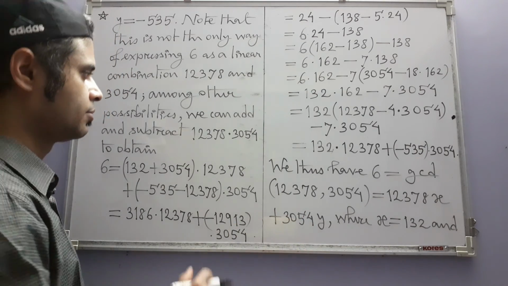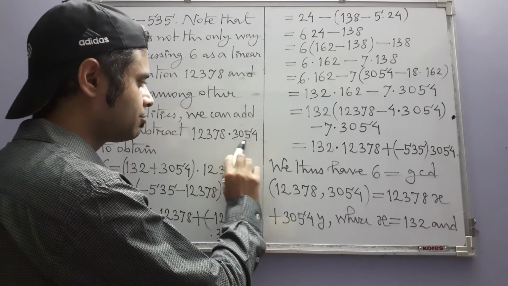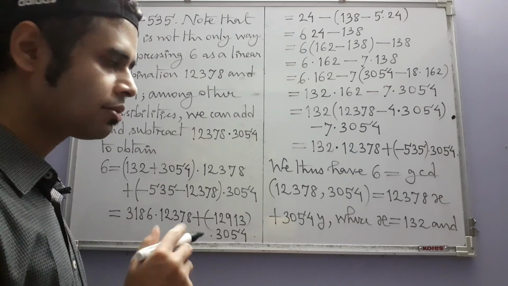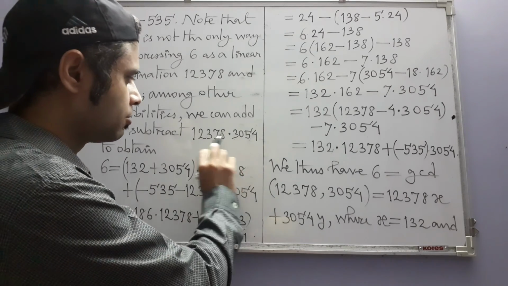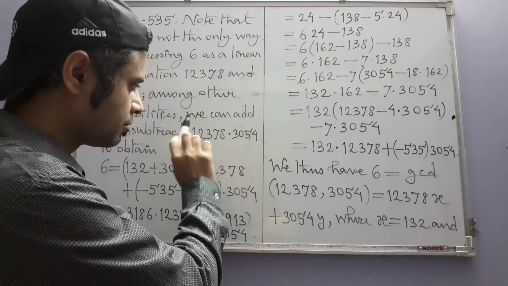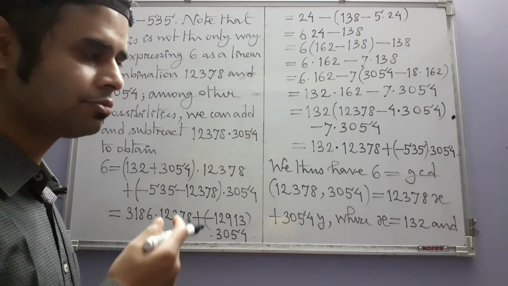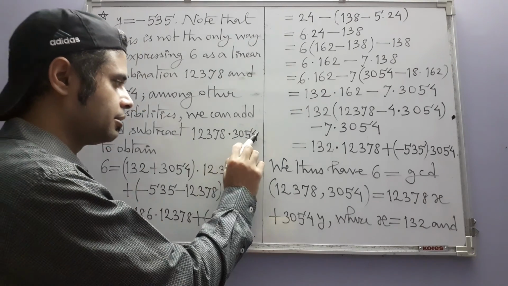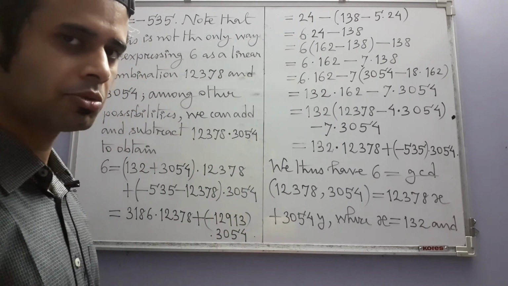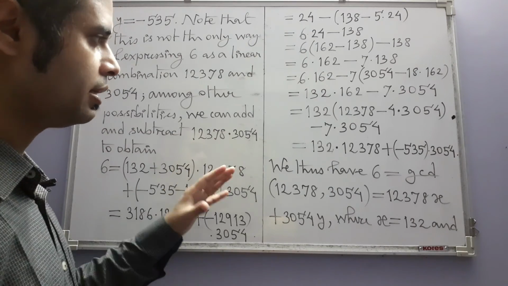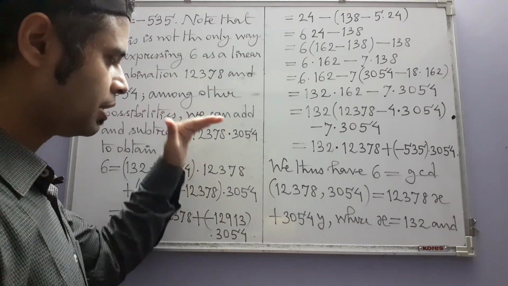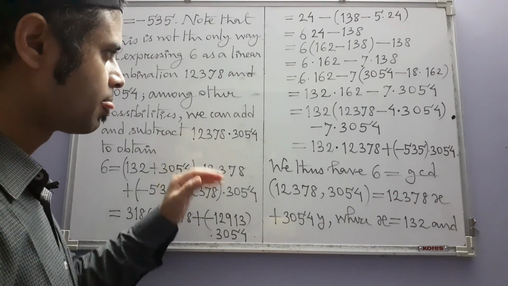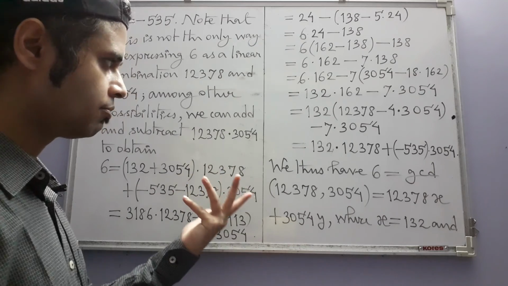But it may happen that one of your numbers divides the other. Then in the first step itself you will find the GCD. When you divide the larger number by the smaller number, if immediately you get the zero remainder, then the smaller number itself is the GCD. But most likely you will take more steps, because in most situations that will not be the case.